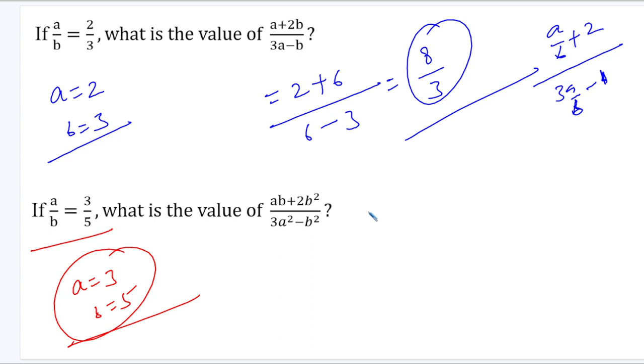Please note that substituting the values and finding the answer is possible only when the degree of the variables is the same in each part. Here it was single A, single B. So the variable's degree is 1 here, 1 here. It's 1A here and 1B here.